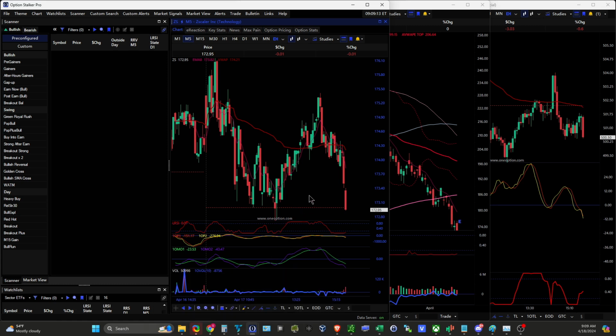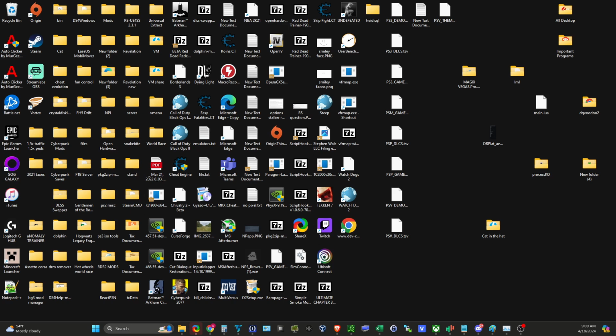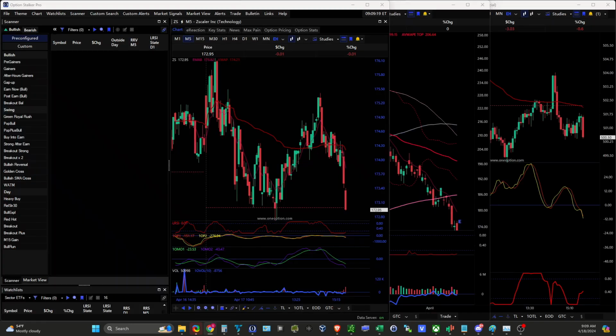The first indicator is Laguerre RSI. I don't know how to say it correctly; I've heard it both ways. Basically, this is a more accurate version of RSI that does a very good job of indicating a possible movement of a stock.